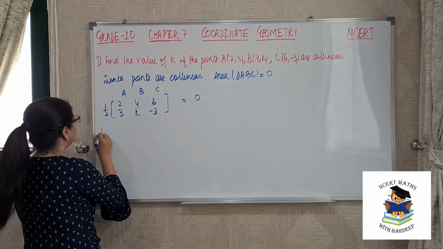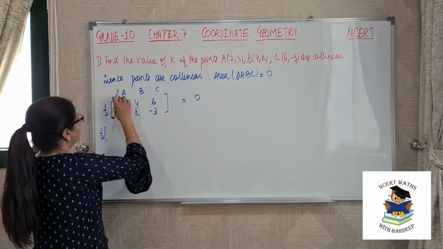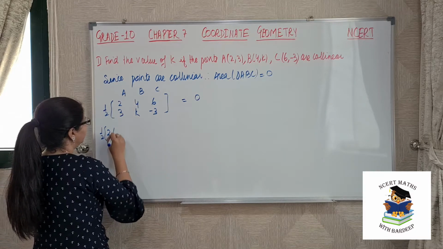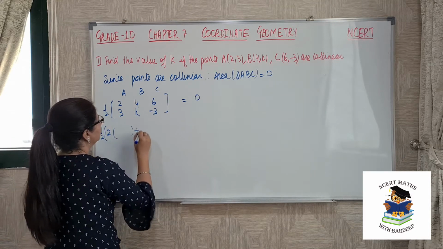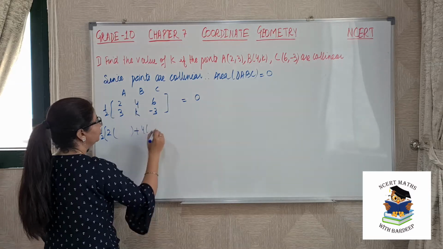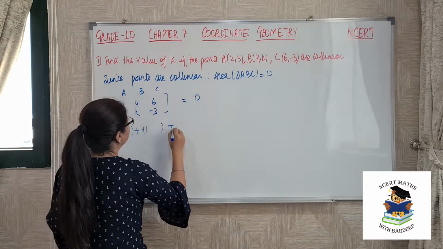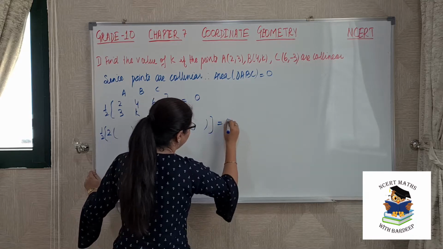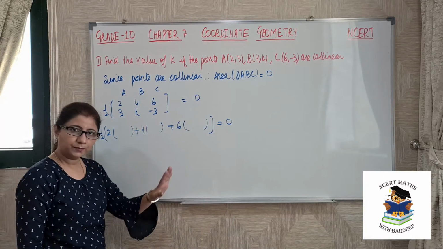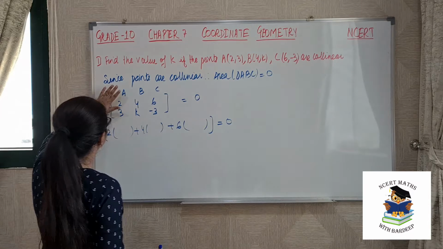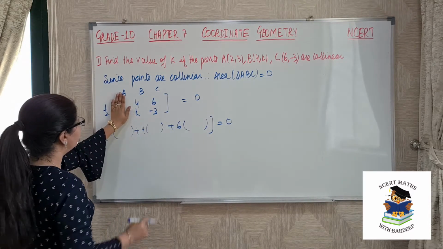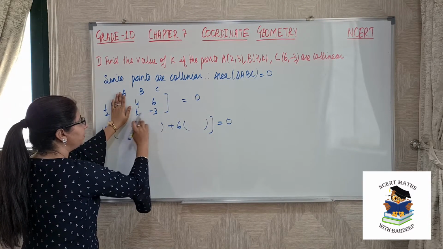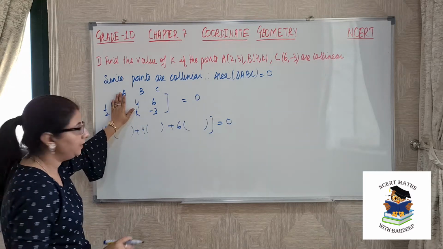Okay, so half of, now I'll use this x1 and find the difference, then this x2, find some other difference, and then 6 times another difference and equate this to 0. Correct? So now for this point I will find the difference between k and minus 3.